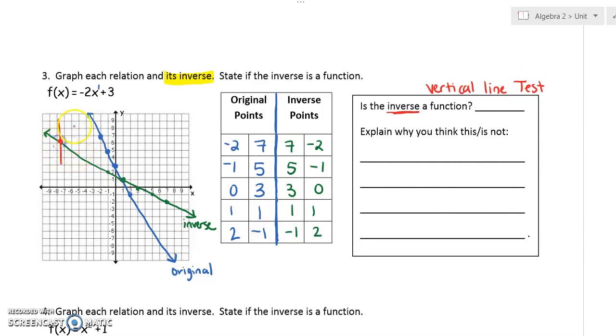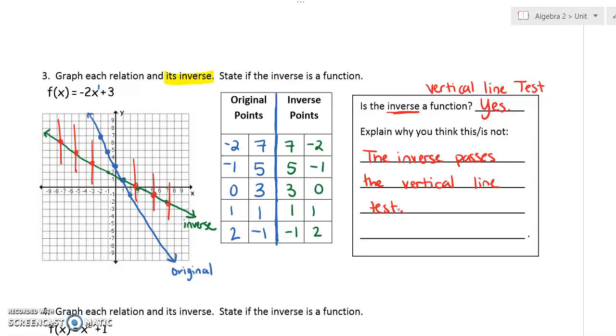So it passed here, it passes here, it passes here, it passes here, it passes here. So I'm running the vertical line test and it looks like it does. So yes, it is a function, and explain why you think this. The inverse passes the vertical line test. Okay, so therefore it makes it a function.